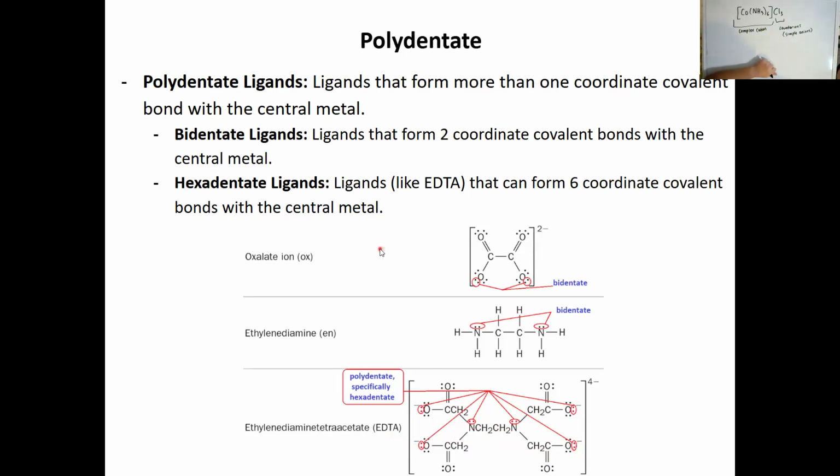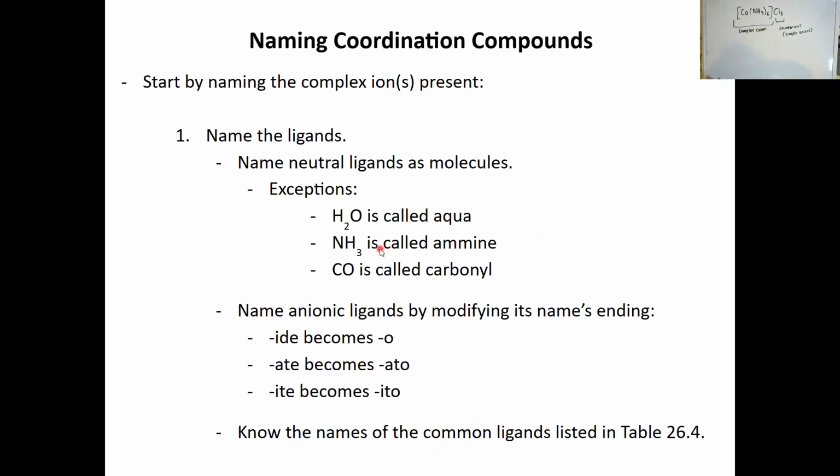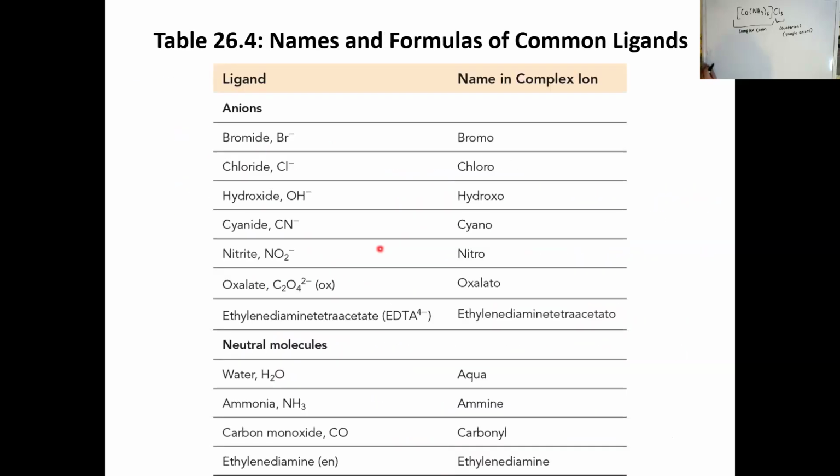So those are our ligands. Starting this naming process, before we go through the steps, I am going to skip a little bit ahead so we can look at these tables, and then we'll go back and look at the steps. Your ligands are going to have slightly different names when they're part of the complex ion. You'll see that your common anions, bromide ion, chloride ion, hydroxide ion, cyanide ion, are all things that we know.